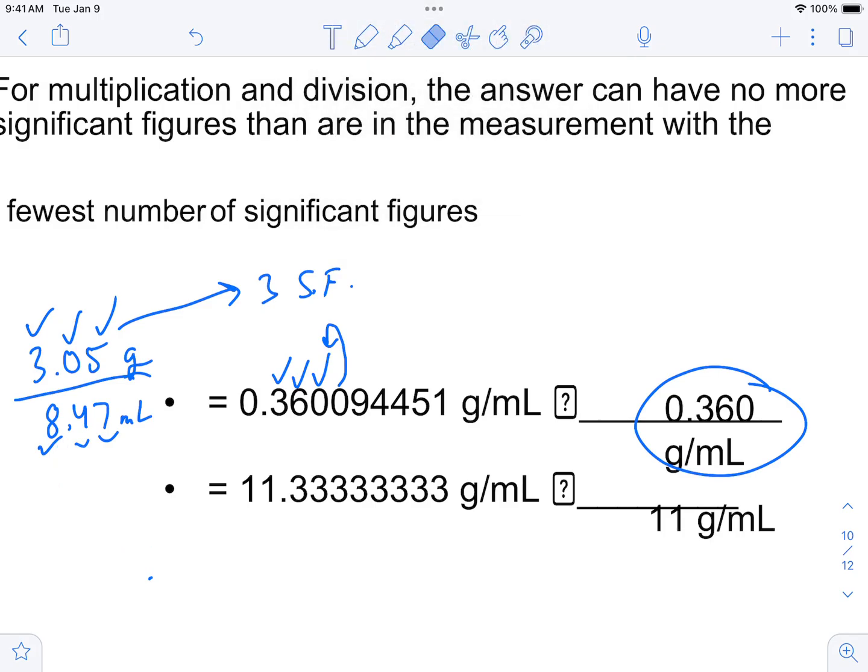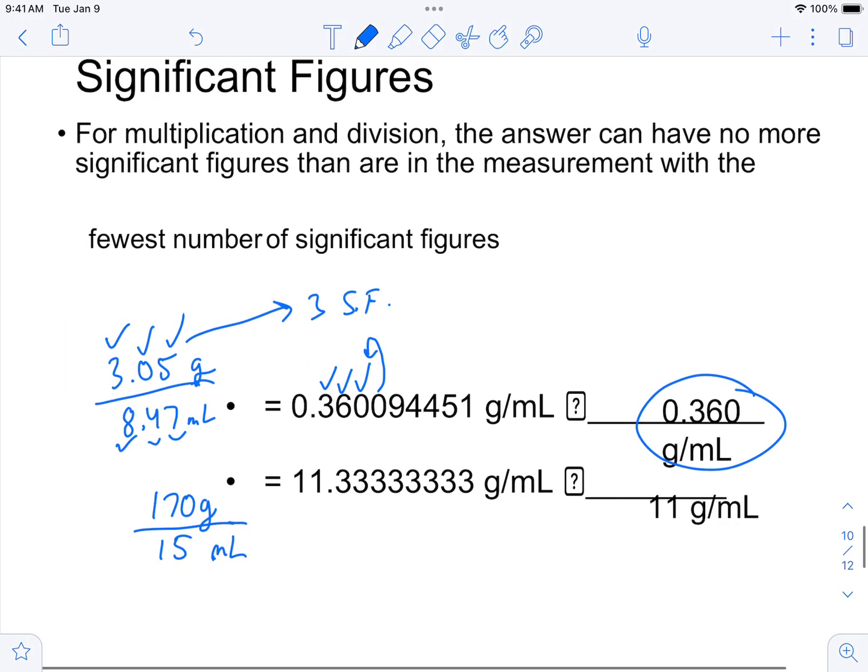And the next example should be 170 grams divided by 15 milliliters. Again, you just want to type that whole thing in your calculator, and you get 11.33 repeating.